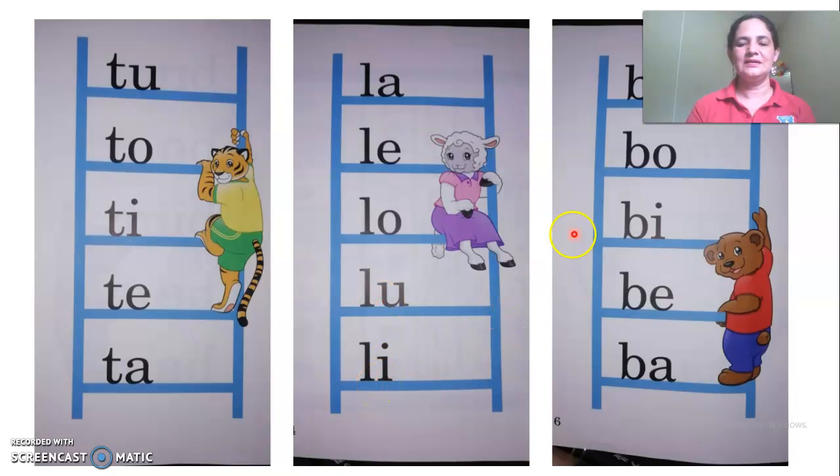Right. The next one is the letter B. The sound is b, b, b, like in bear, bear, bear. Okay, let's start the blends.